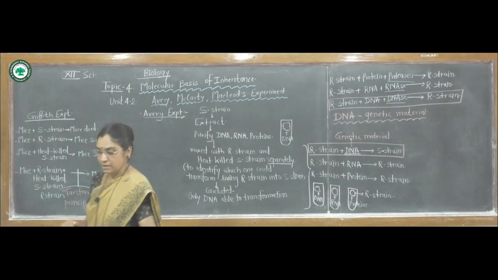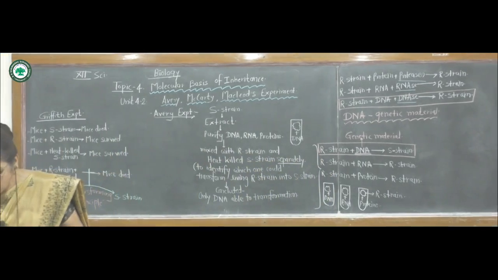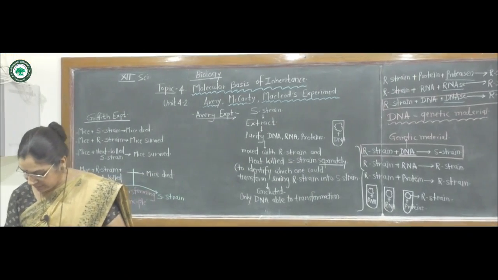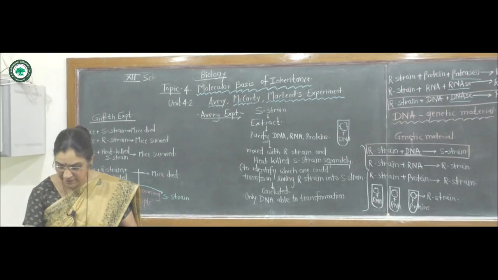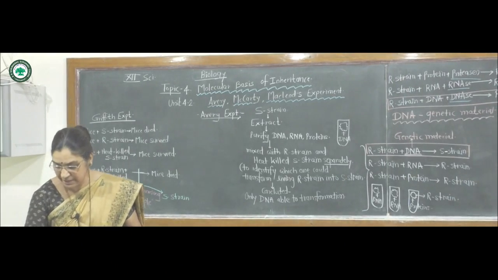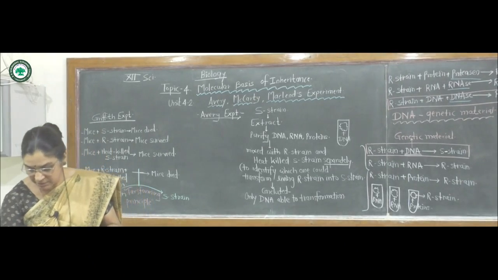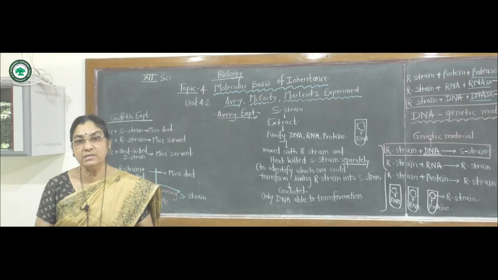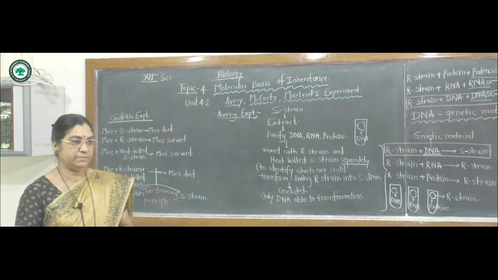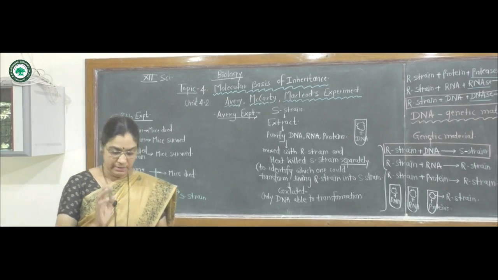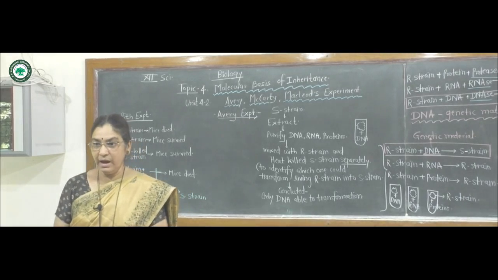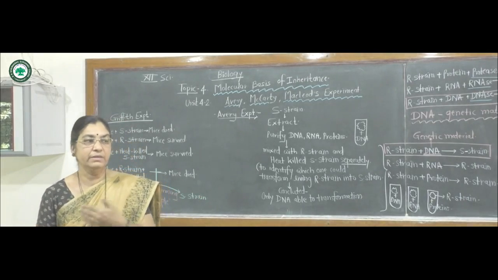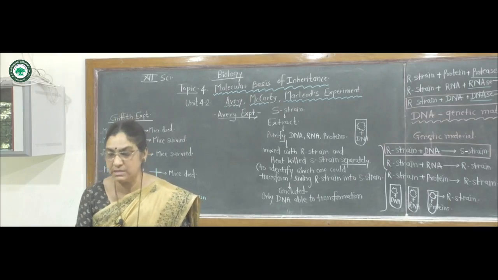So in this way, in your textbook, the 2 evidences or experiments are included to explain the genetic material as DNA, and the third one is also included, that is the Hershey and Chase experiment. I will only introduce it in short here, and then in the next lecture I will continue in detail about the Hershey and Chase experiment.